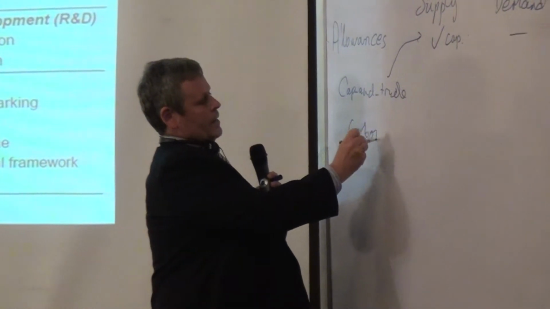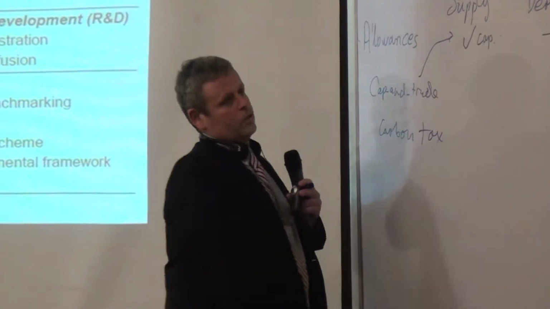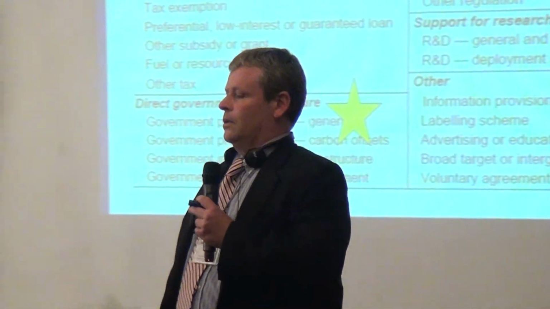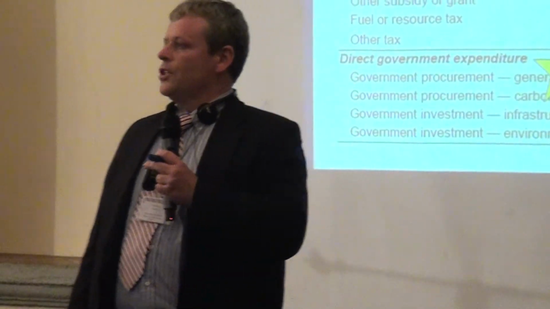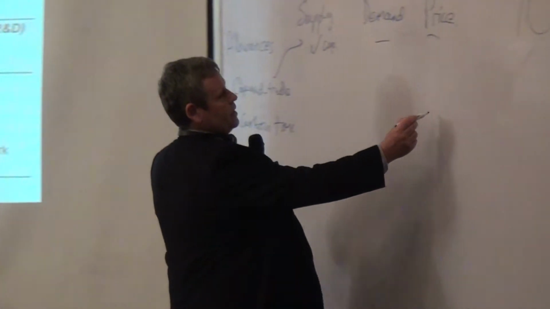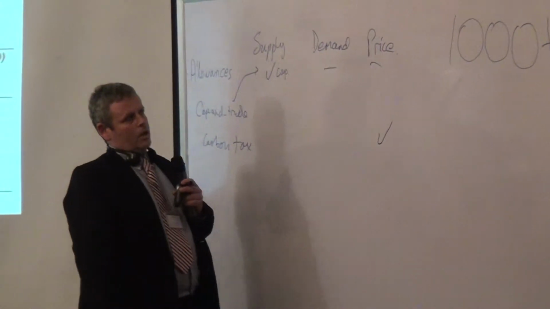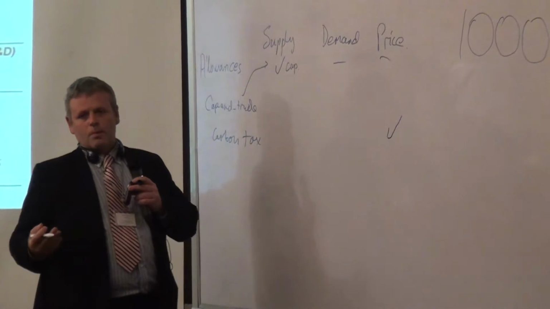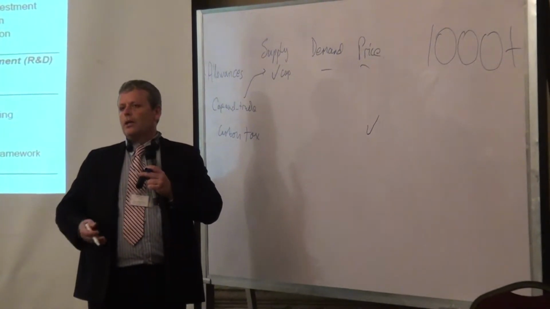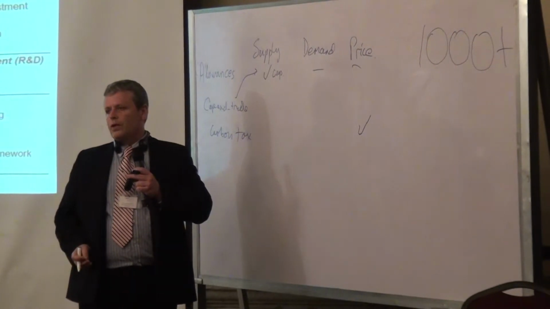A carbon tax. What do we do with a carbon tax? What do we fix? Any suggestions? Price. That's right. So we're fixing the price on the carbon tax. Now that means if it's fixed price, what we tend to do is we limit the total volume that you can buy to the total volume of emissions.